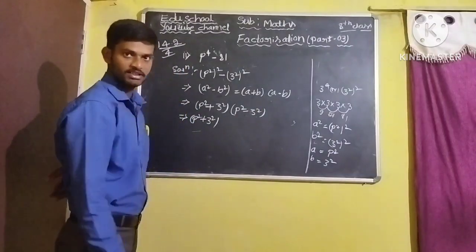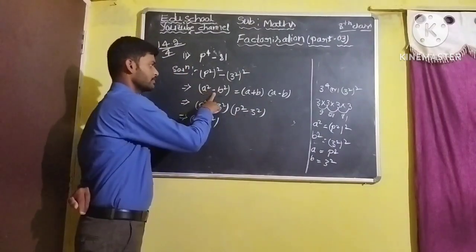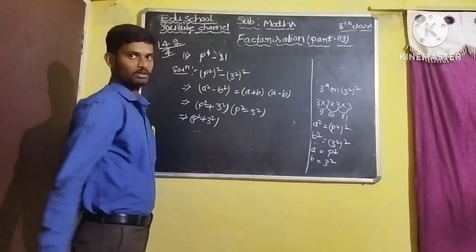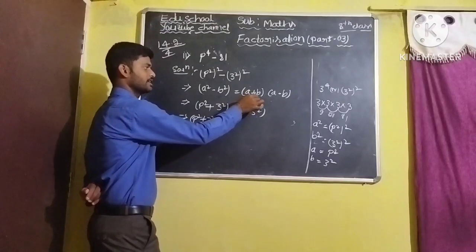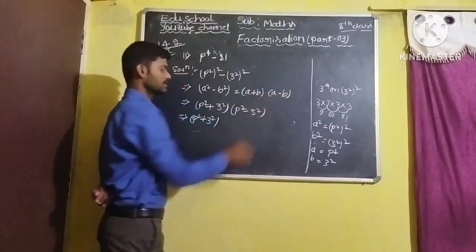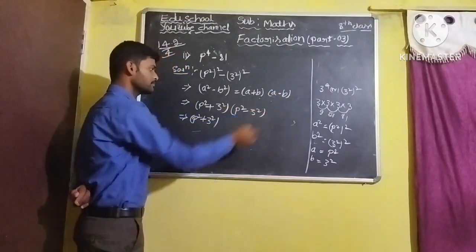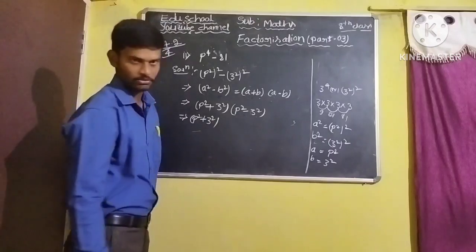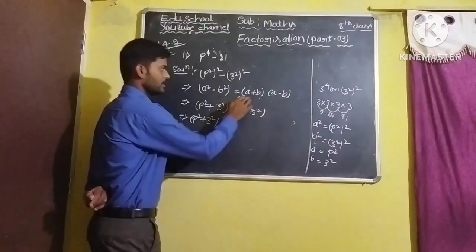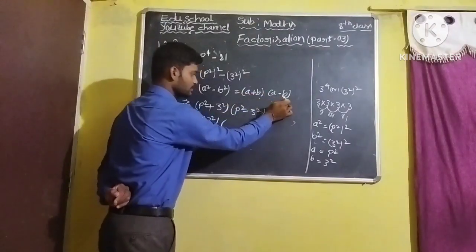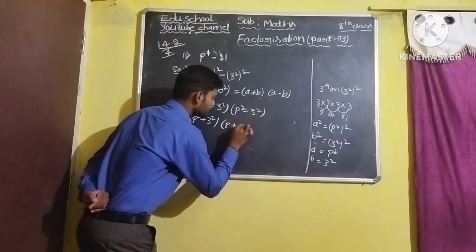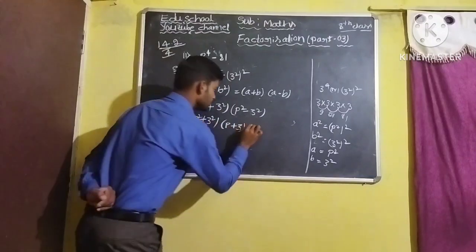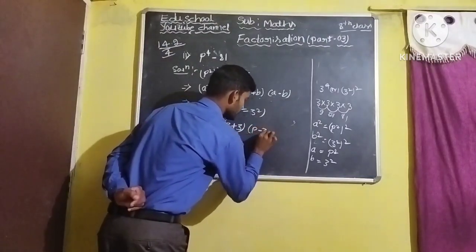So this is in the form of the A square minus B square formula, which can be expanded as A plus B into A minus B. So we can expand P square minus 3 square as P plus 3 into P minus 3.